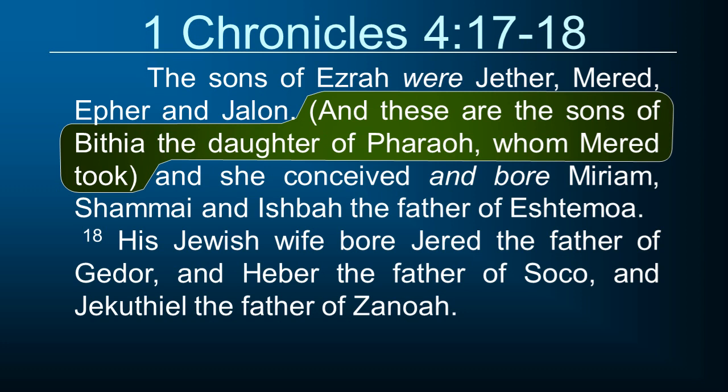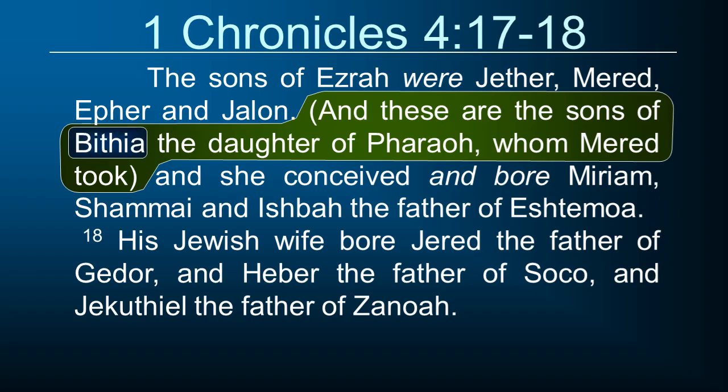And she conceived and bore Miriam, and you have a number of different people, Shammai and Ishbah, the father of Eshtemoa. His Jewish wife bore Jered, the father of Gedor, and Heber, the father of Soco, and Jekuthiel, the father of Zanoah. But notice the part that I circled. These are the sons of Bithiah, the daughter of Pharaoh.